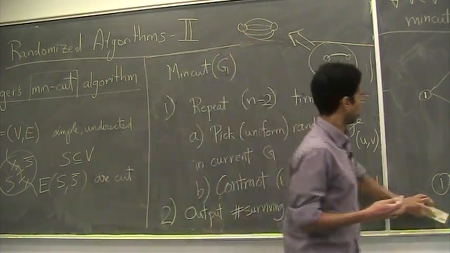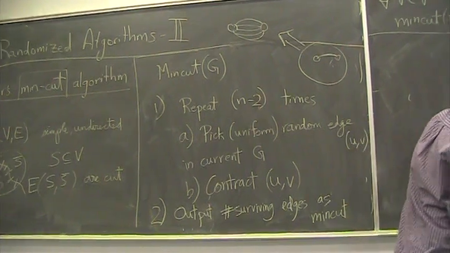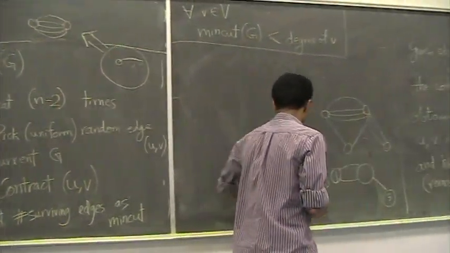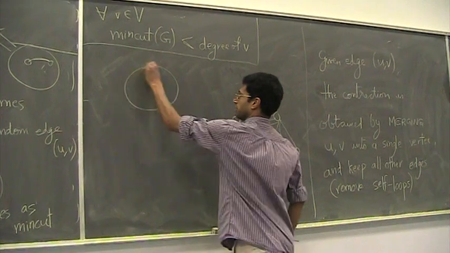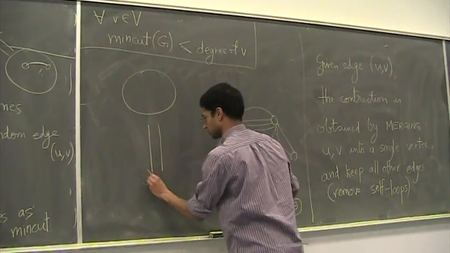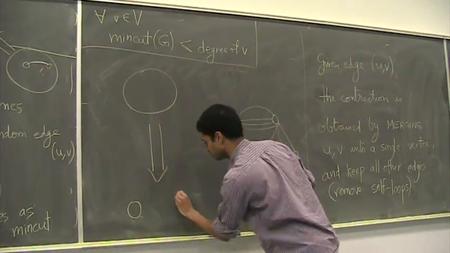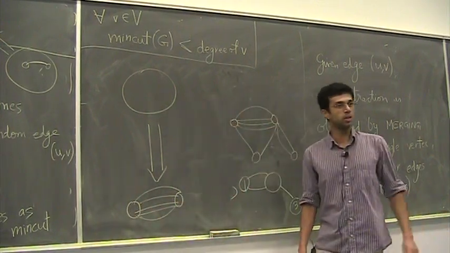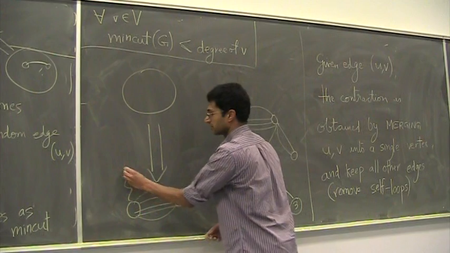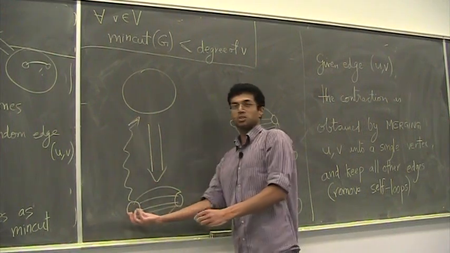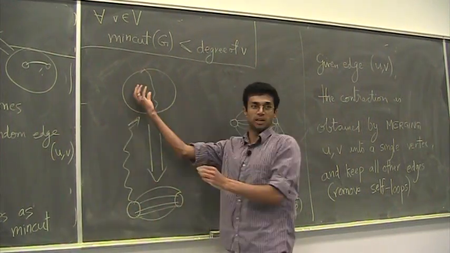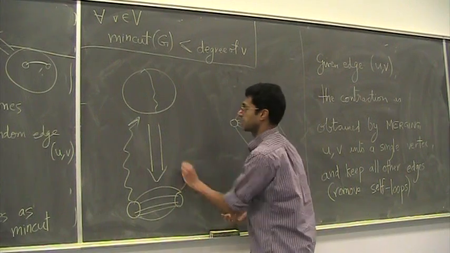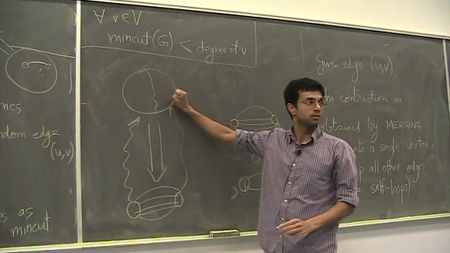So let me just draw this picture. You started with this graph here. The full procedure basically ends up with 2 vertices and a bunch of edges in between. But if you actually go back, then this was obtained by contracting some subset, and this was obtained by contracting the other subset.